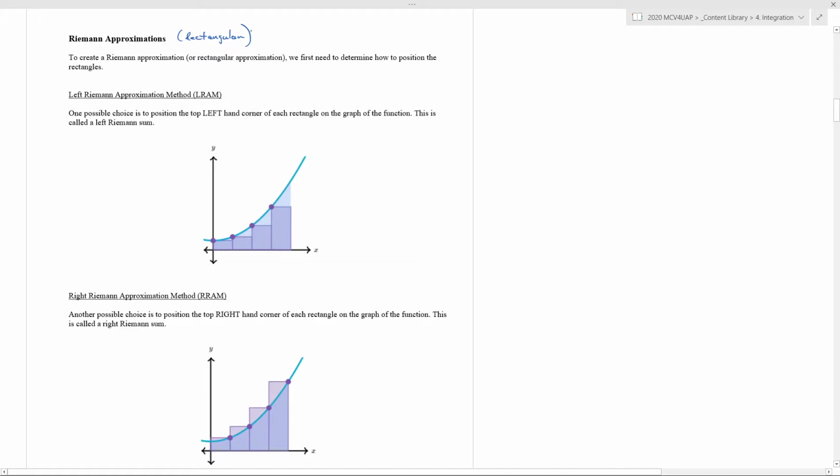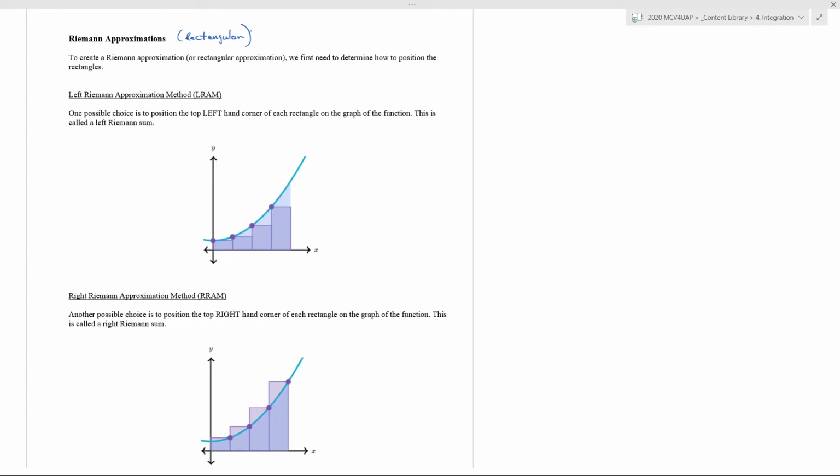We're going to be using rectangles to approximate the area, but there are going to be three different methods we use, and what determines the method is where we're going to position these rectangles. The common methods are a left Riemann approximation method, a right Riemann approximation method, and a midpoint approximation method.